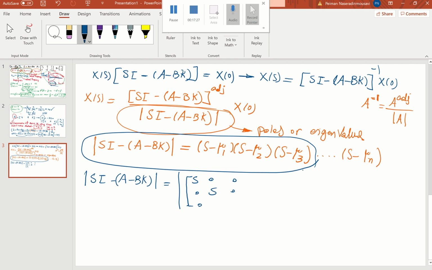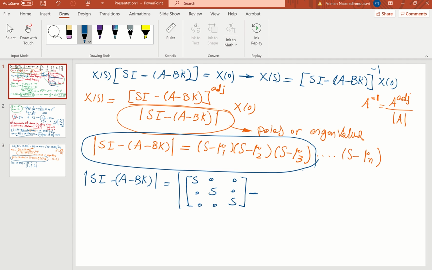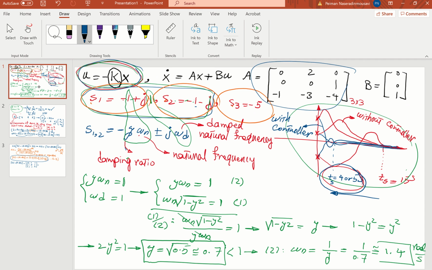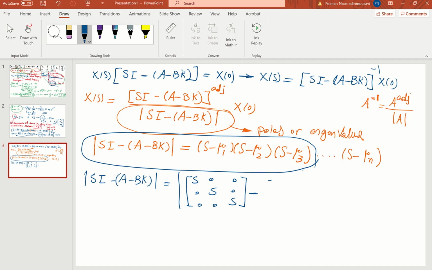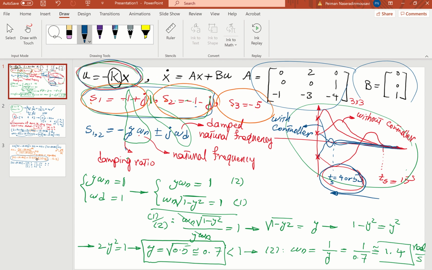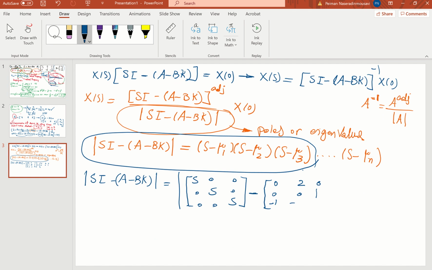A is this matrix: 0, 2, 0, 0, 0, 1; let me double check, 0, 0, 1, minus 1, minus 3, minus 4, minus bk.